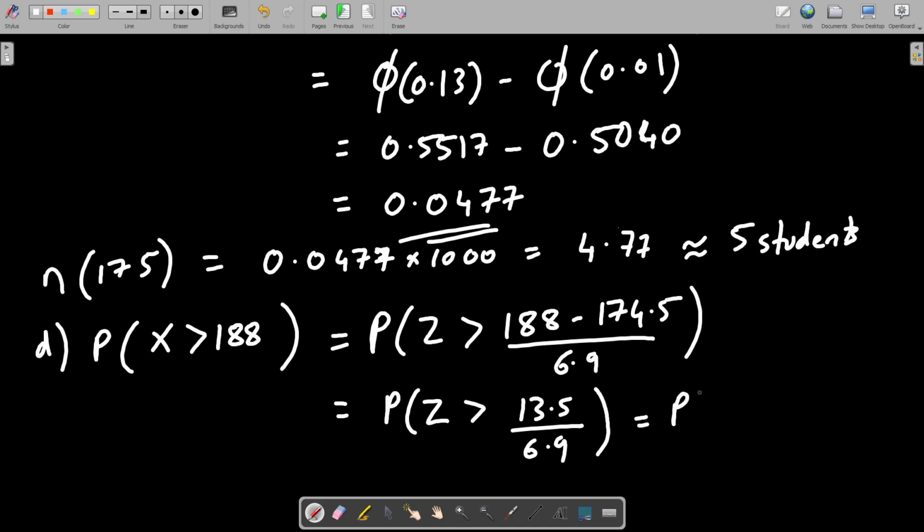Okay, so this is probability of Z greater than 1 point something it will be. 1.9 something it will be.